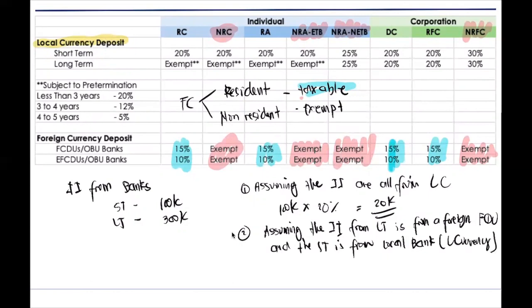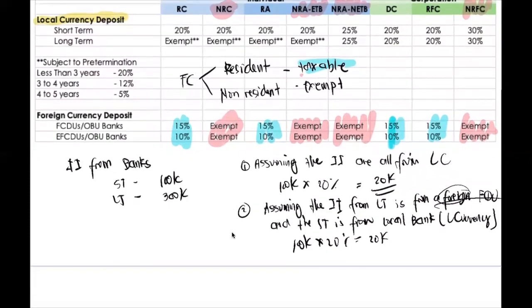Okay, so assuming the interest income from the long term is from a foreign FCDU, so foreign currency, and the short term is from a local bank, local currency. What is the amount of our final tax? Your answer here is still 100,000 times 20%. So 20,000. Sir, why? Because here the long term is from a foreign FCDU. Take note, territoriality. Clear?